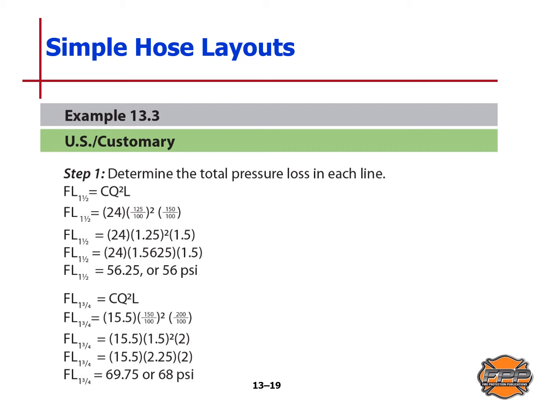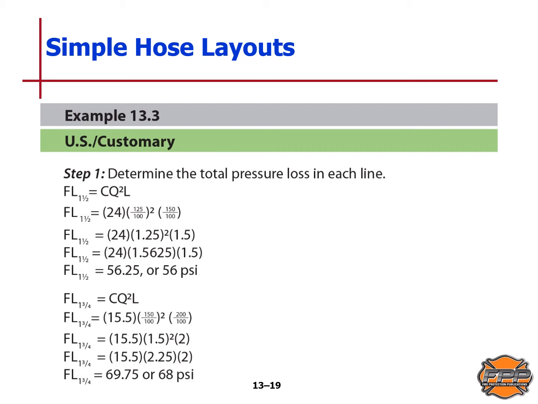So we're going to determine the total pressure loss in each line from our example on the previous slide. So our friction loss for the 1.5 inch hose equals CQ squared L. You should be very familiar with that formula by now. So we'll plug in the math. The friction loss for the 1.5 inch hose equals 24, which is our coefficient, times 125 divided by 100 squared times 150 divided by 100.